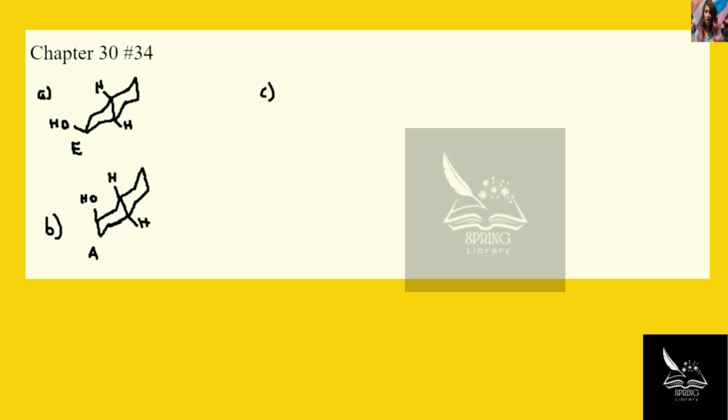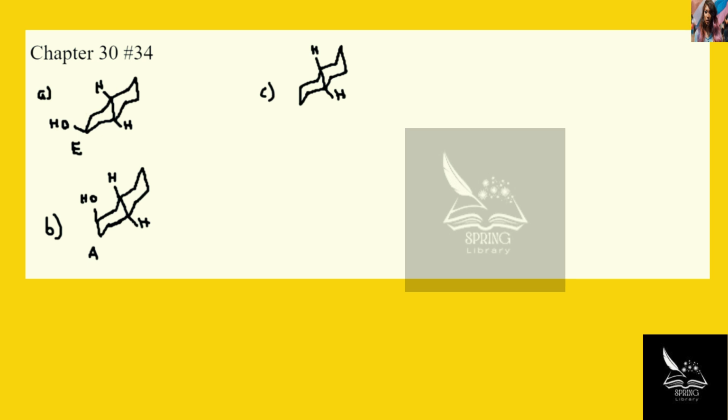Again, the chair structure that we have to draw doesn't change. So there's our first chair. Chair number 2. Axial proton. Axial proton.